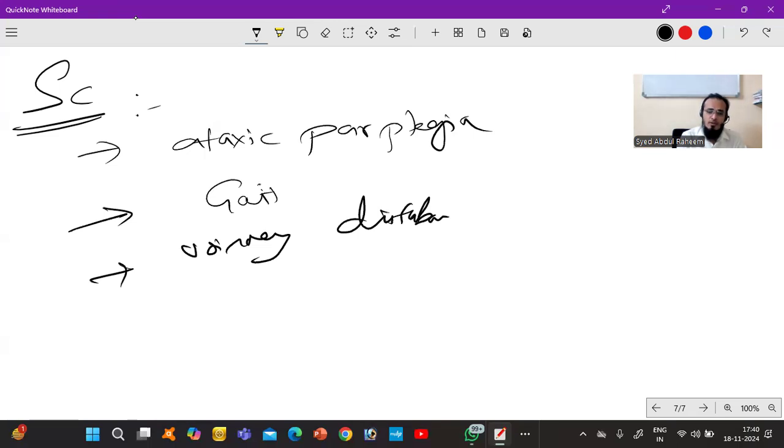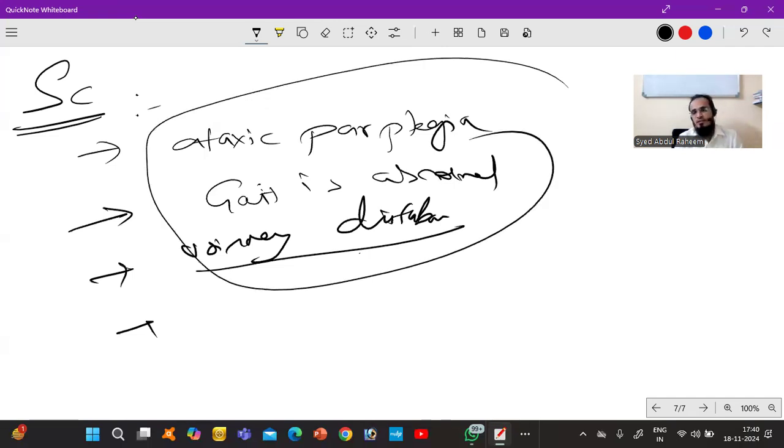Gait is abnormal, urinary disturbance or urinary incontinence, and other than that, along with the clinical features we studied, we will be able to see these features if the spinal cord is involved. Okay, so we have to remember it like that.